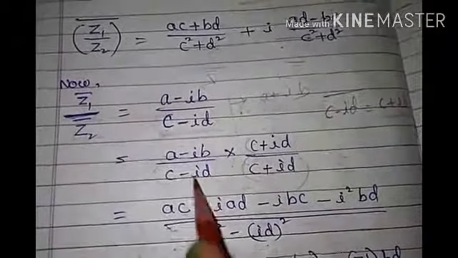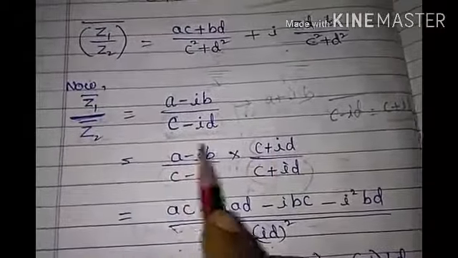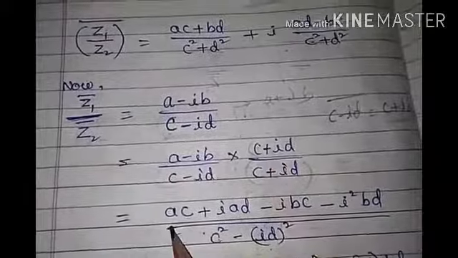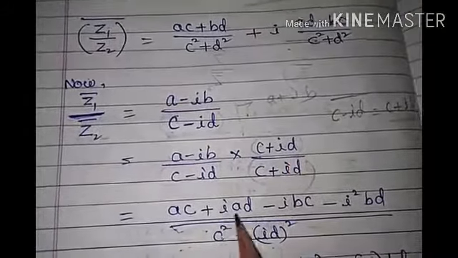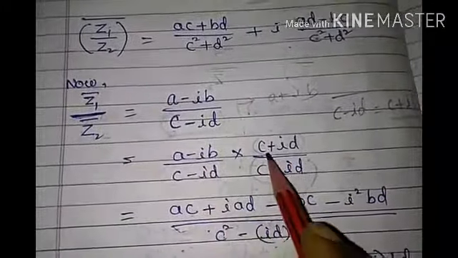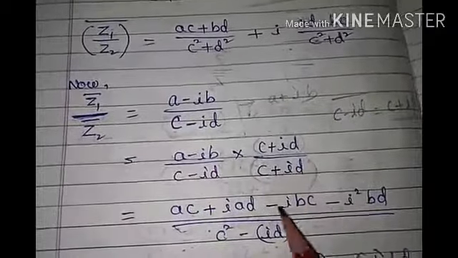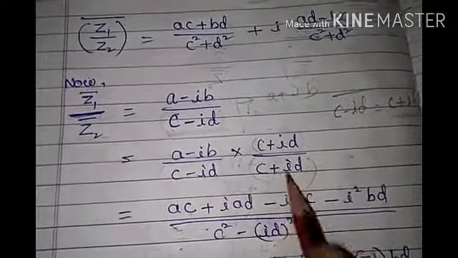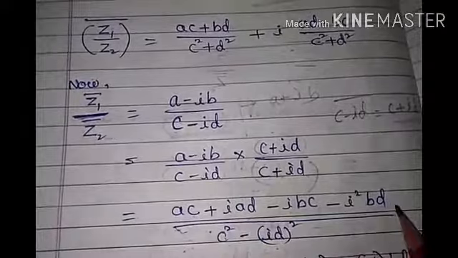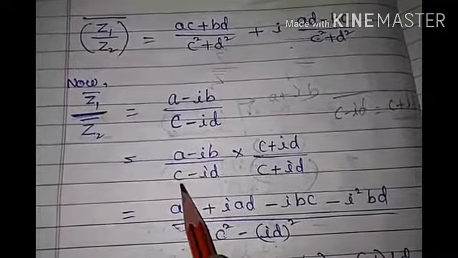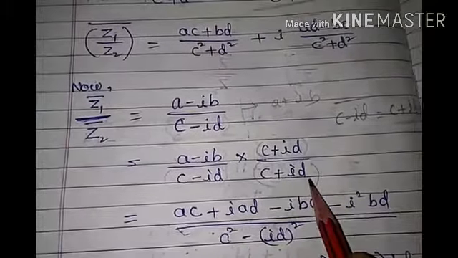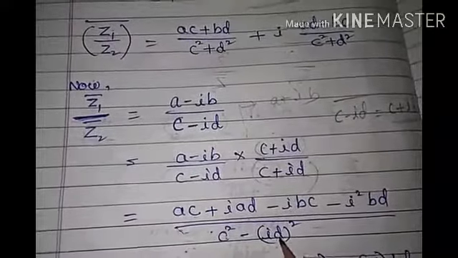Multiply these two complex numbers: A with C and A with iD. So A into C becomes AC, A into iD becomes iAD. Again minus iB with C and minus iB with iD. That is equal to minus iBC minus i square BD, divided by, it is like (A minus B) into (A plus B), which is equal to A square minus B square.